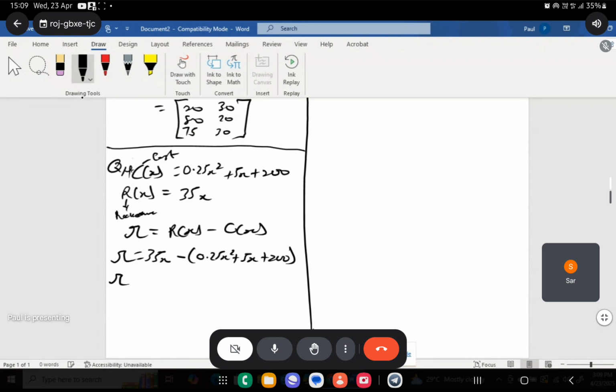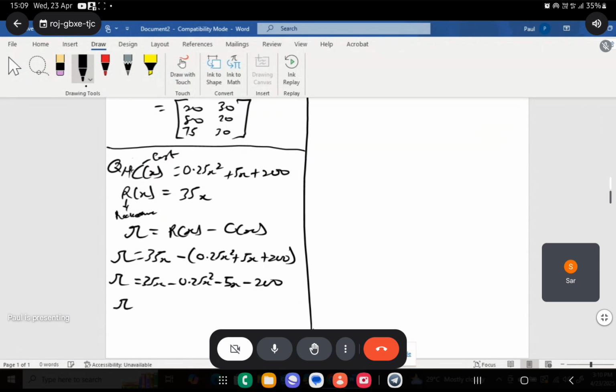So we get 35x minus 0.25x squared minus 5x minus 200.